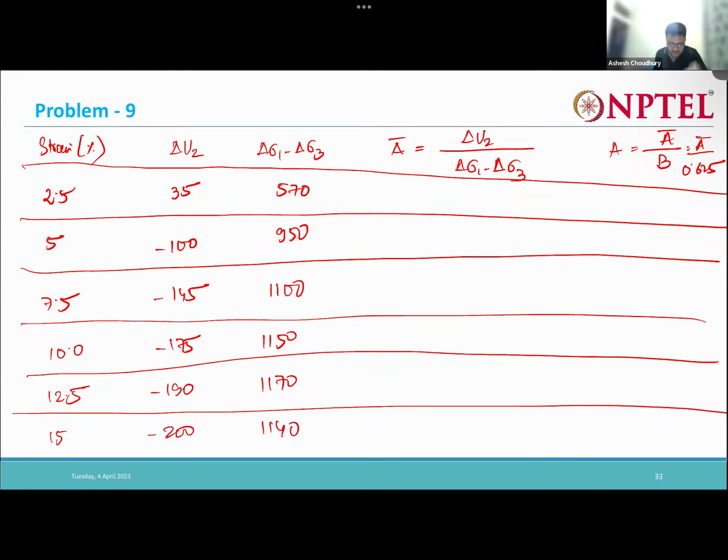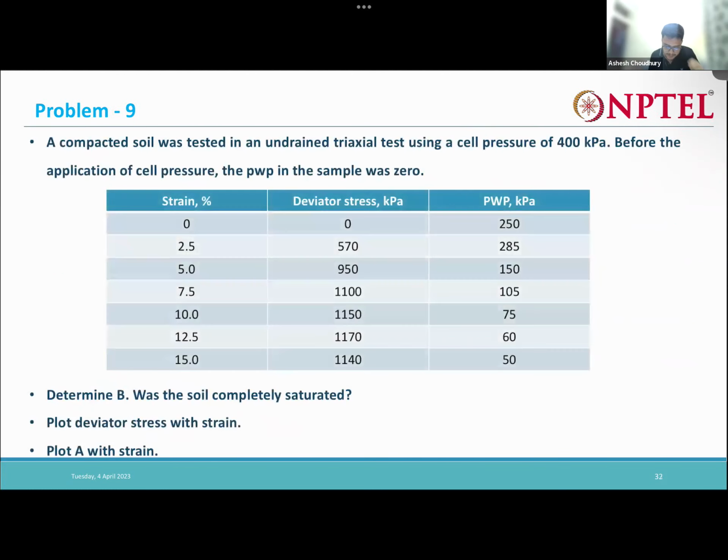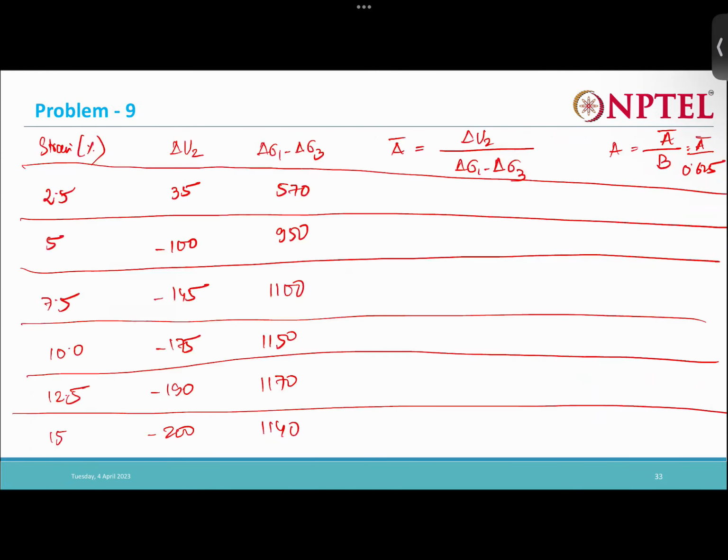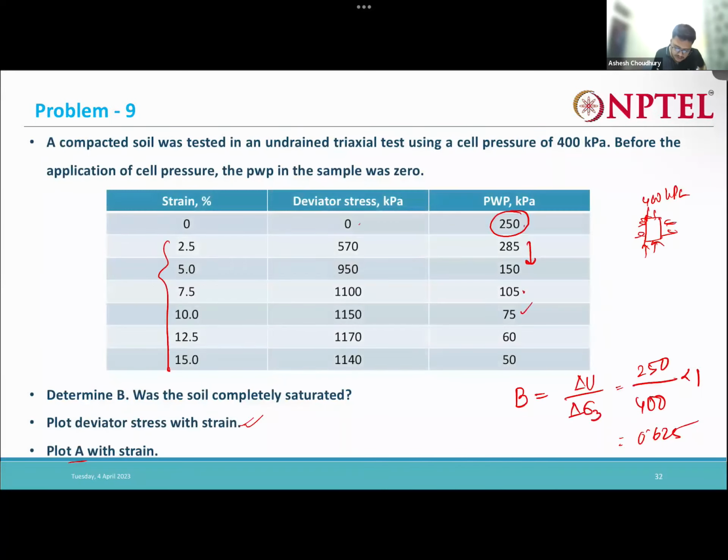So these are the changes in deviatoric stresses, and these are my delta sigma D. Initially delta sigma D was 0.